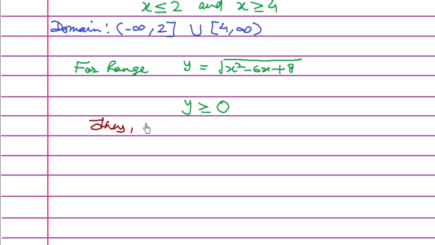Thus the range of f of x is 0 to infinity. 0 is included and infinity is not included. So in this way we could find the range of this sort of function.